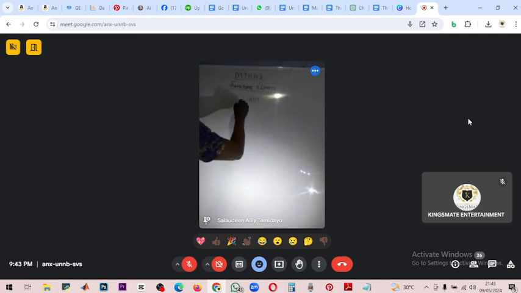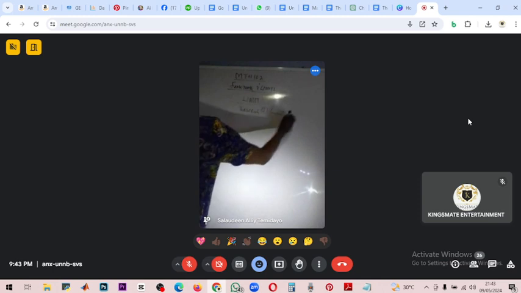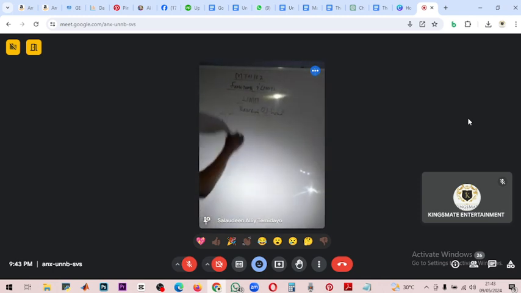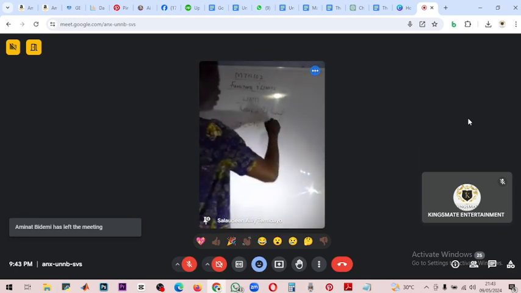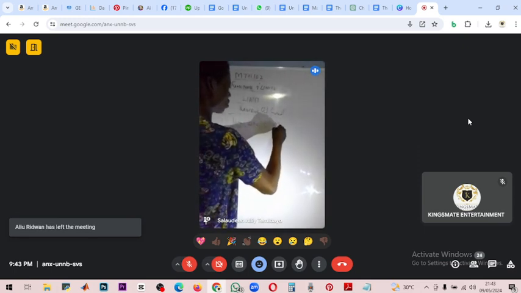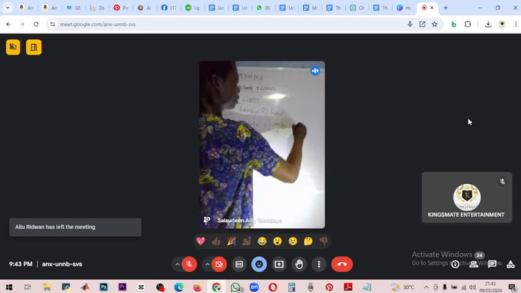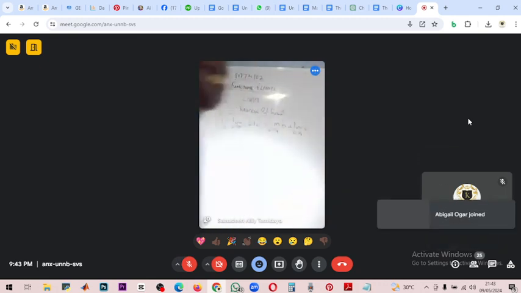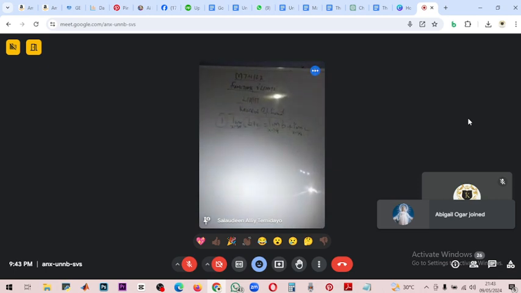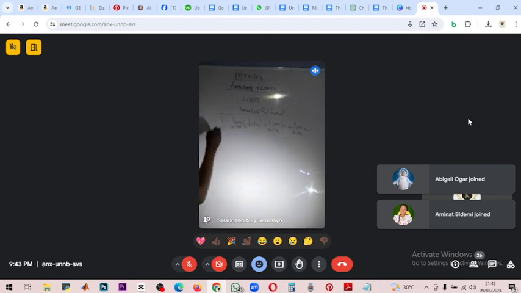The laws of limit, or theorems of limit. As for limit x to a, of b plus c, is equal to limit x to a of b plus limit x to a of c.